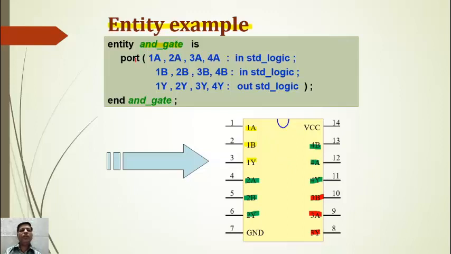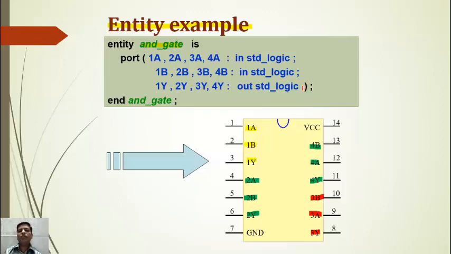So for that we have written down the entity. Entity and_gate is port 1A, 2A, 3A, 4A in std_logic, meaning the A pins, then 1B, 2B, 3B, 4B in std_logic. These are the 8 input pins we are defining, ended with a semicolon. Then the outputs are defined: 1Y, 2Y, 3Y, 4Y colon out std_logic, then the bracket closing and semicolon.